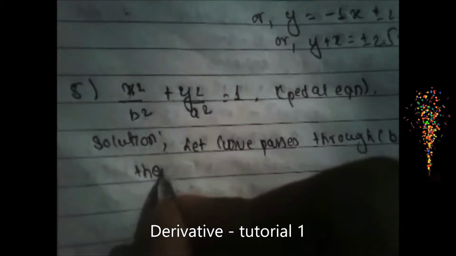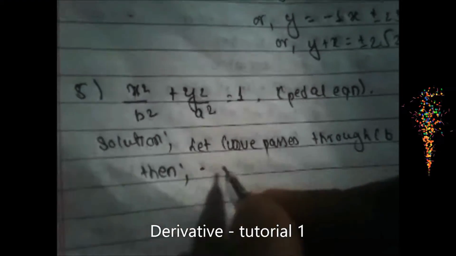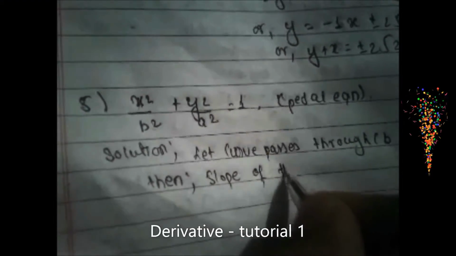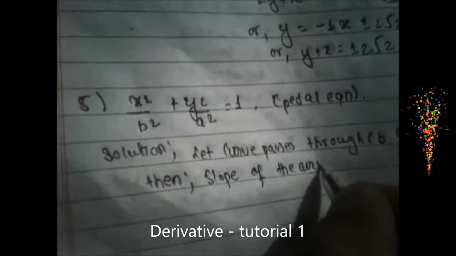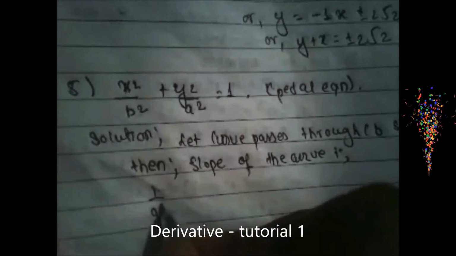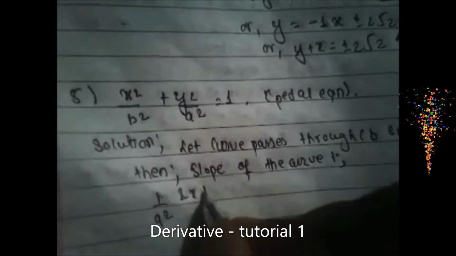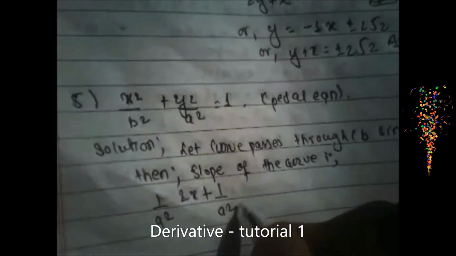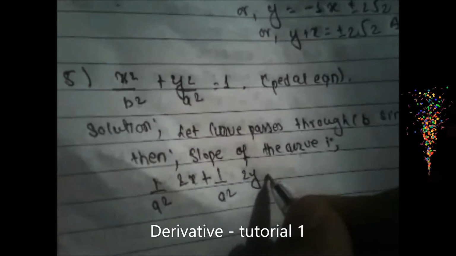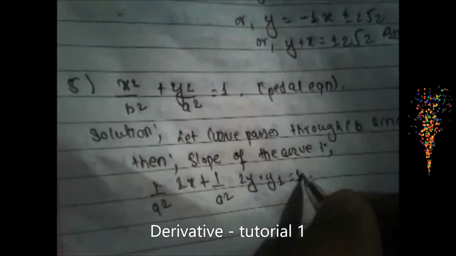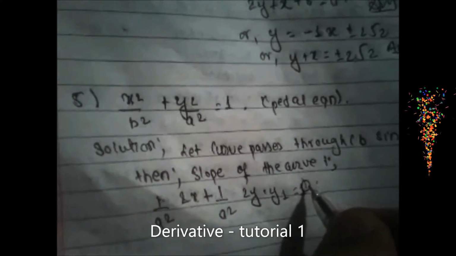Then we have to find the slope of the curve, which is 1 upon a square 2x plus 1 upon b square 2y y1 is equal to 0, since the derivative of 1 is 0.